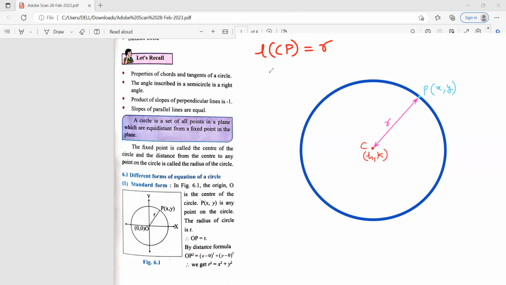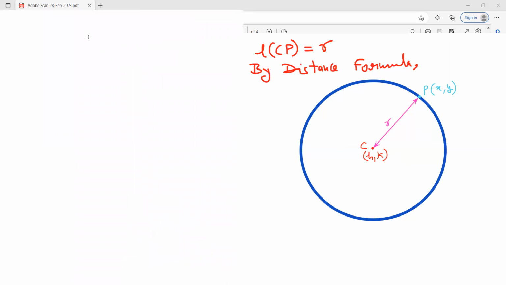Now I will apply the distance formula for CP.